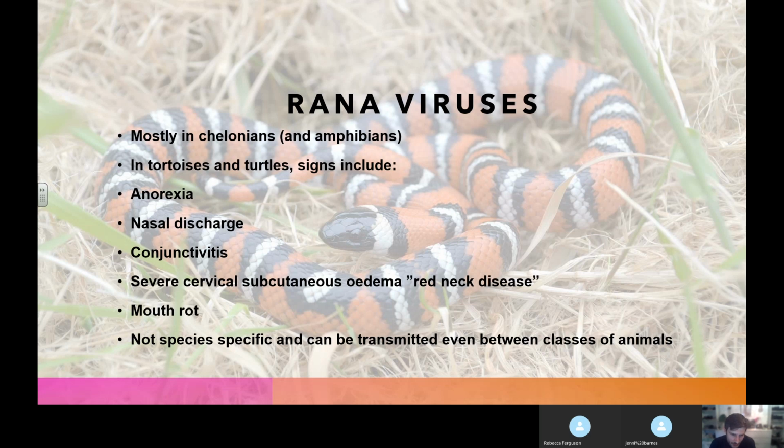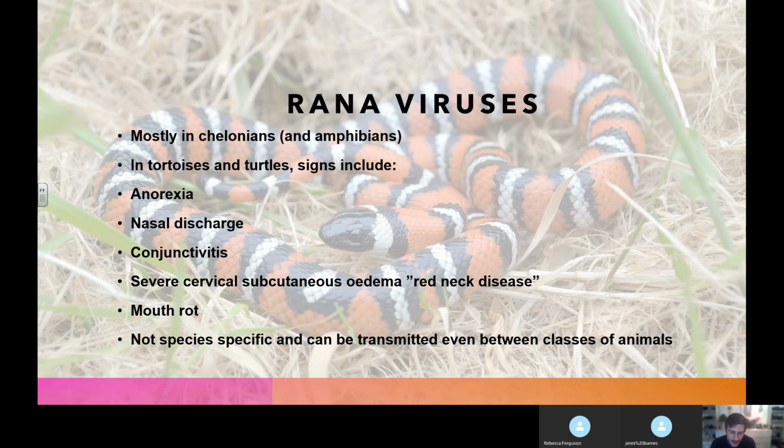What we tend to see are skin lesions and edema, swelling with fluid accumulation under the skin. Very often in chelonians, we'll get a lot of edema developing around the neck, around the cervical region.